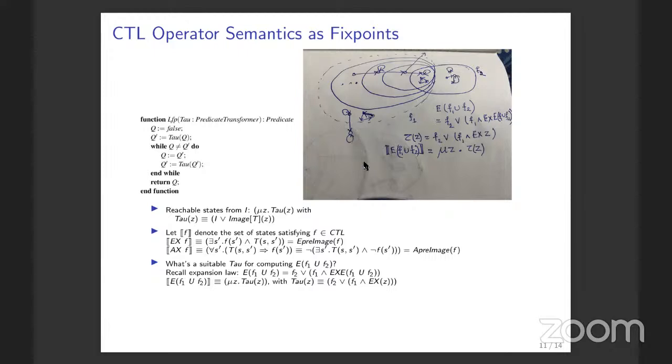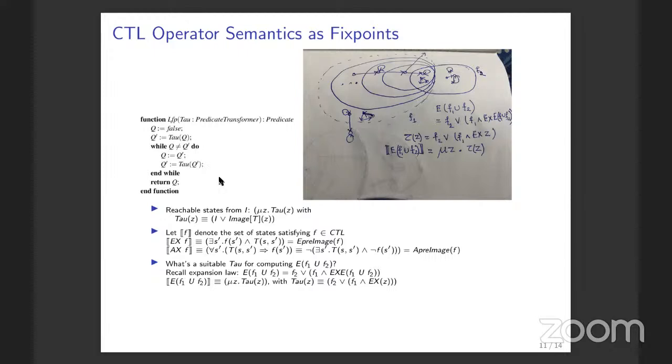It's outside F2. So maybe the case that you mentioned is an extreme case, where all these concentric circles are empty, and you only have this one, and there's no F1 state which will ever lead to F2. Then you will reach the fixed point even quicker.